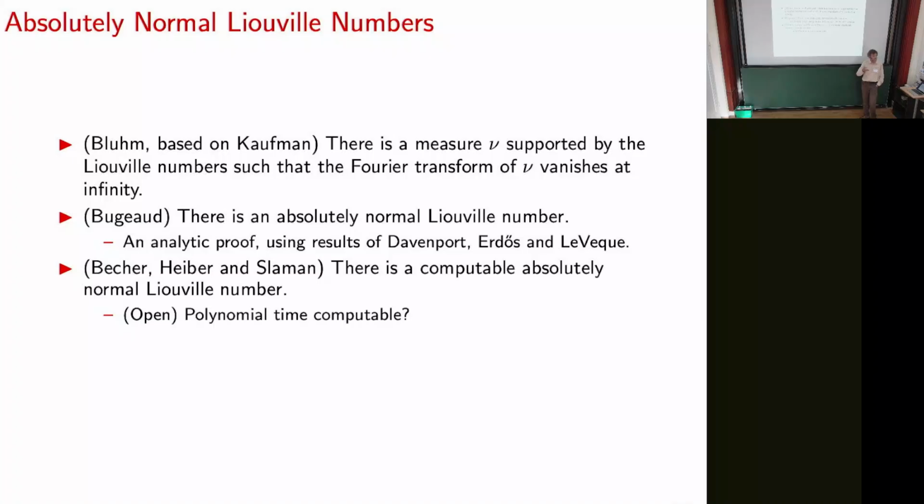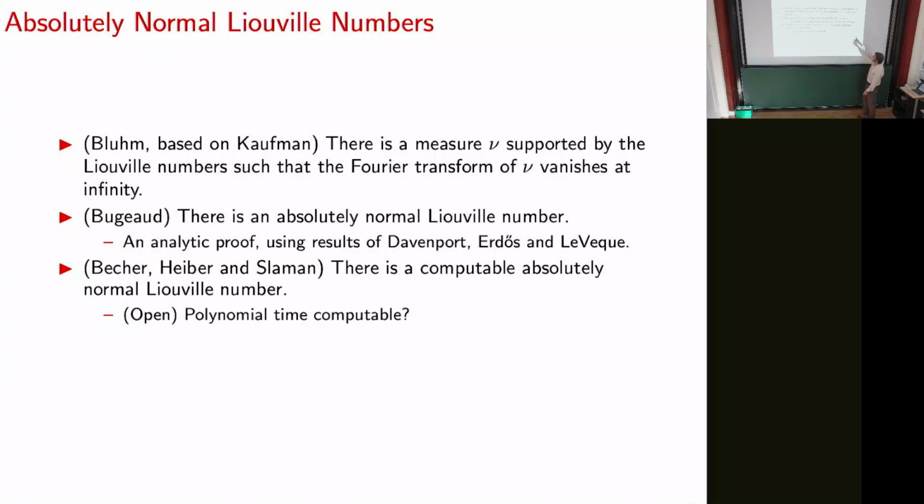There are estimates, typically done analytically, on for which measures a random real has the property of normality. And that has to do with the Fourier transform of the measure.